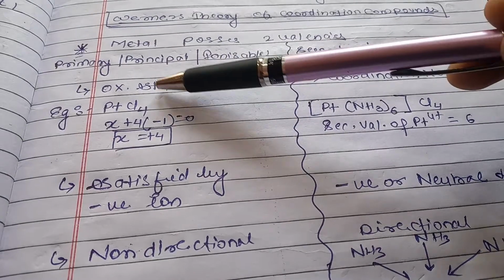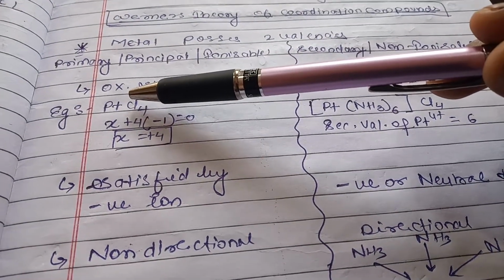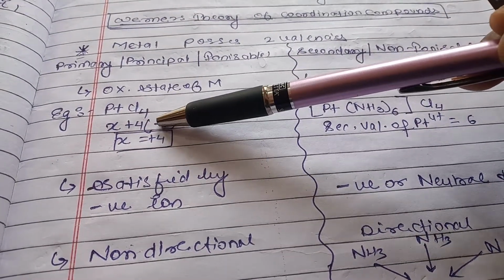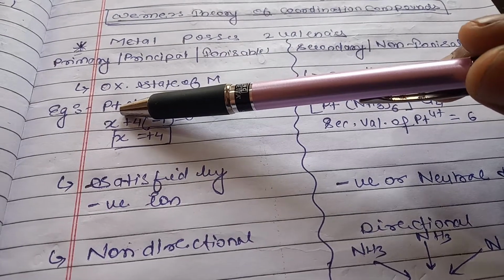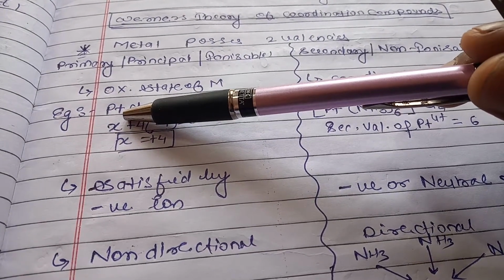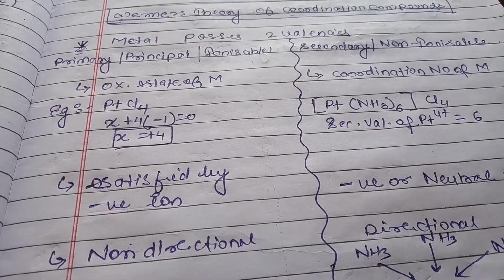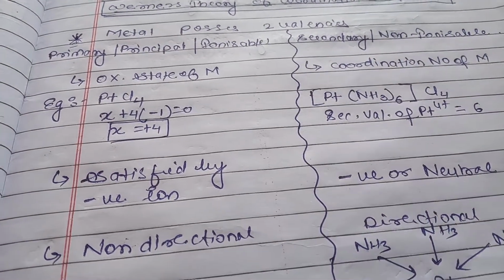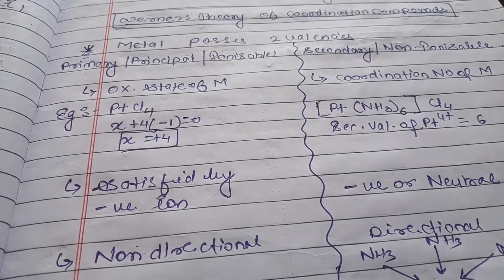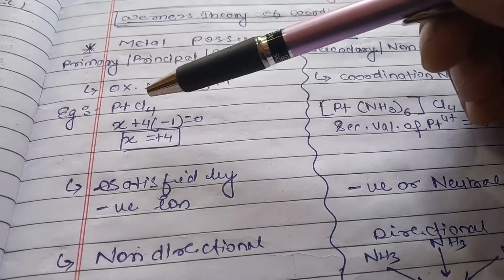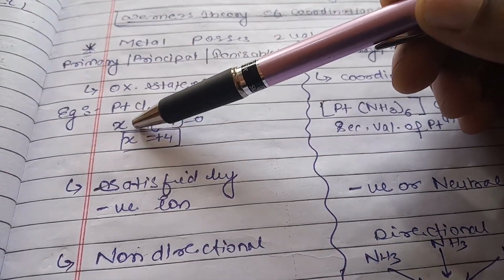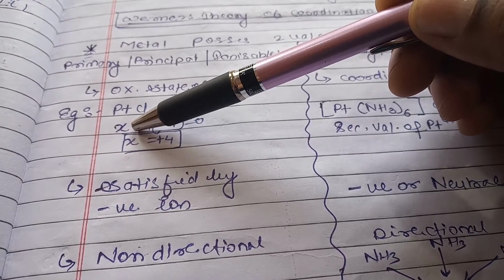Say, for example, I have a compound PtCl4. Here the metal is Pt, and if I have to calculate the oxidation number, we will calculate in the same manner as we did in the redox reaction chapter in class 11. The valency of Pt is to be calculated, so we consider it to be x.